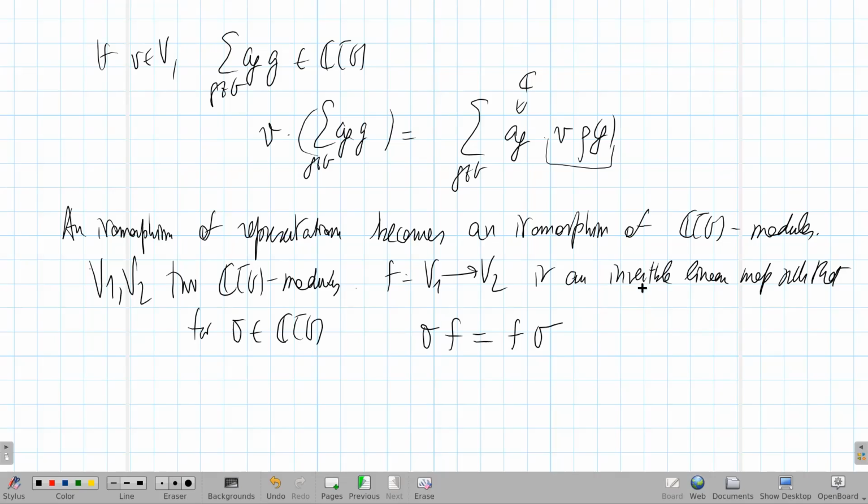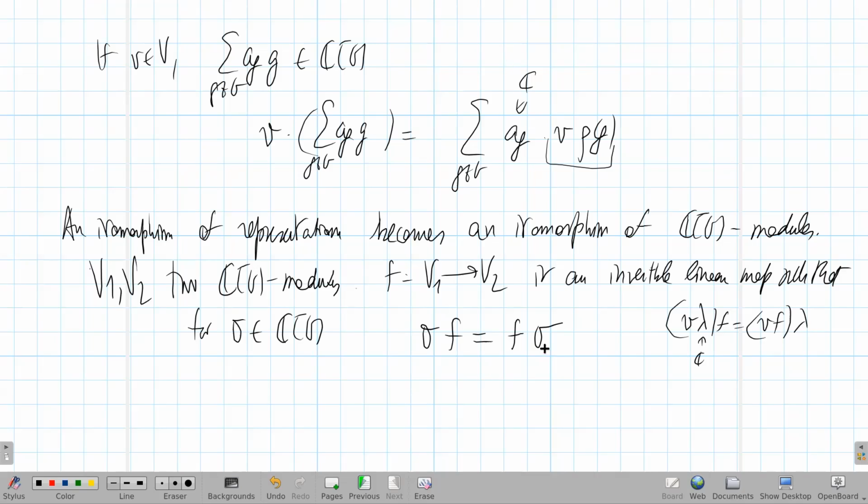Disregard for a moment the fact that it's invertible. This is a linear map, meaning that it respects the sum, and you can pull scalars out of the map. If you have lambda in C, F of lambda v is lambda F of v. You can pull the scalar out.